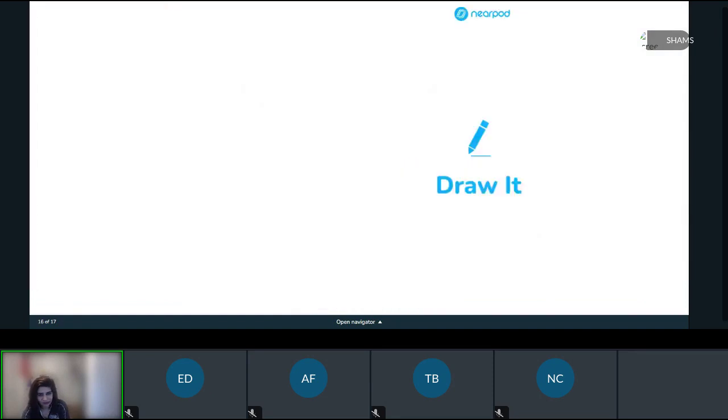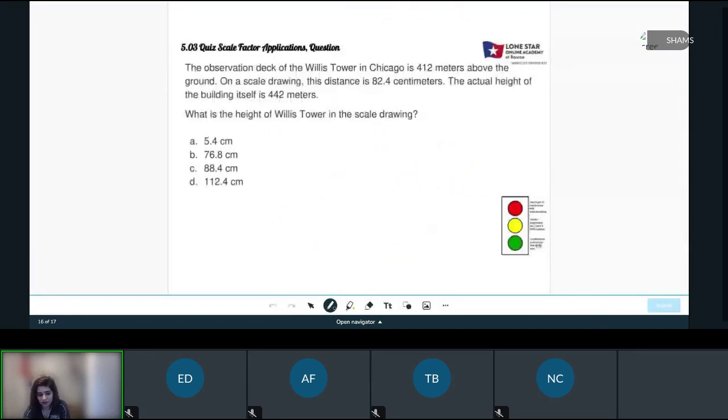Let's go ahead and move on. This is the second variety of question 5. The observation deck of the Willis Tower in Chicago is 412 meters above the ground. This is the actual: 412 meters above the ground. On the scale drawing, this distance is 82.4 centimeters. So I have some matching information and I'm going to set it up.